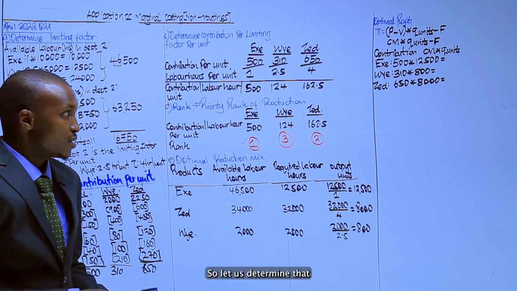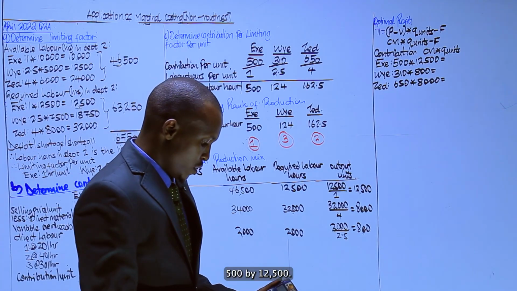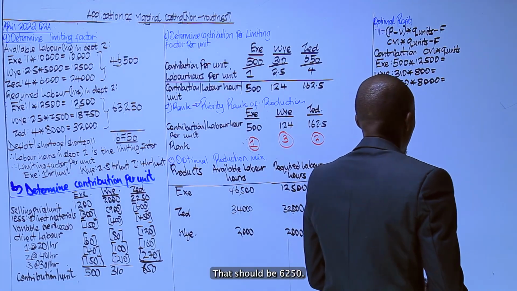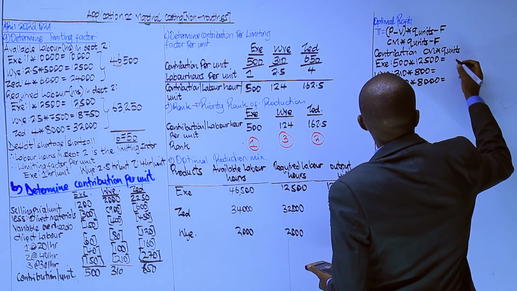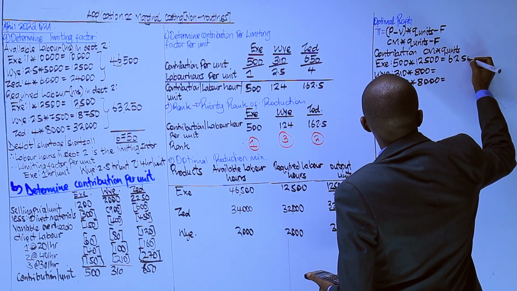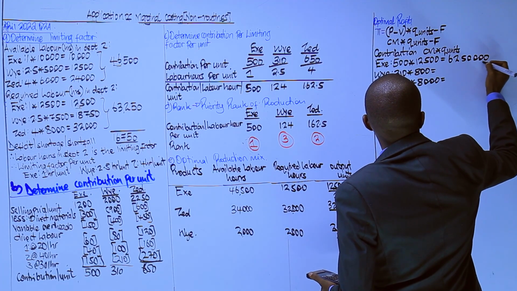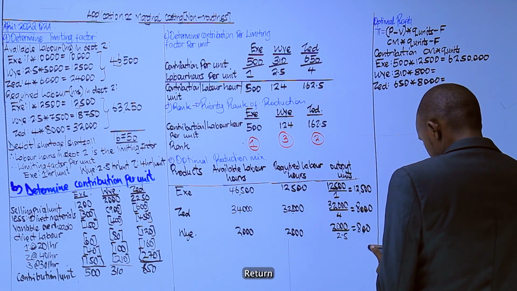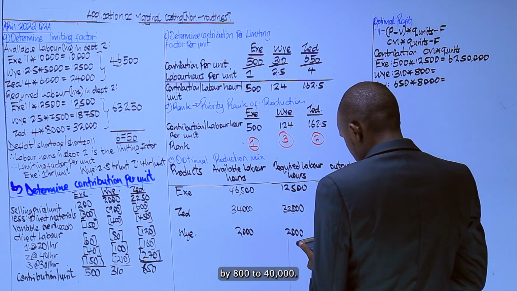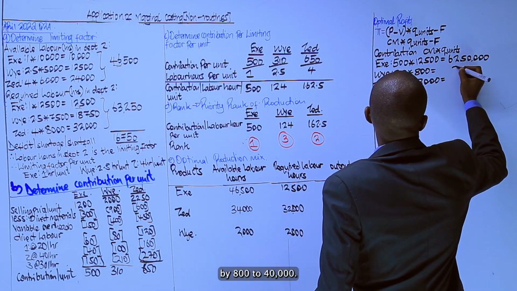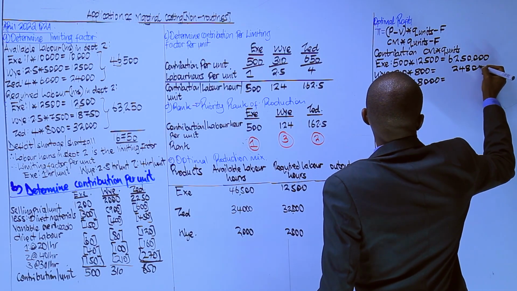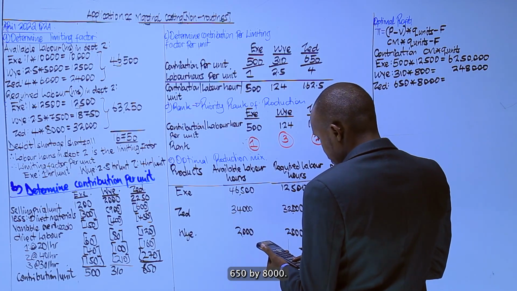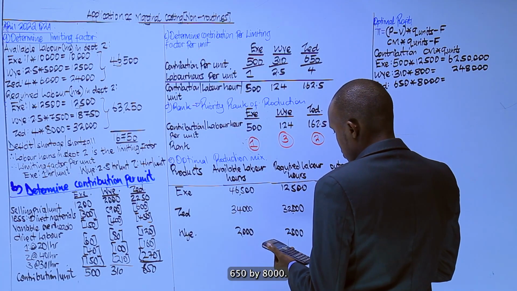So let's determine that. 500 by 12,500 should be 6,250,000. 310 by 800 is 248,000. 650 by 8,000 is 5,200,000.